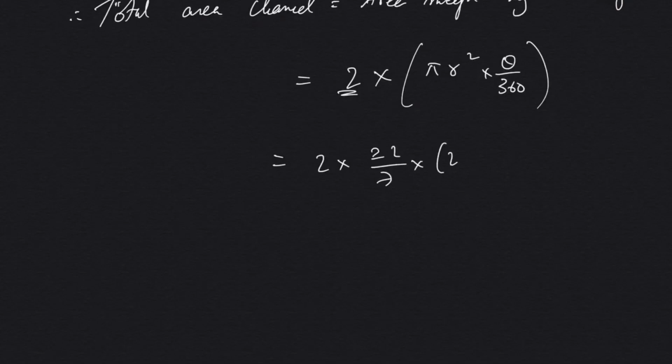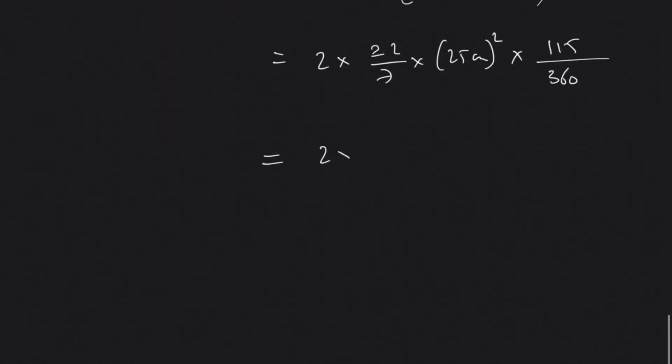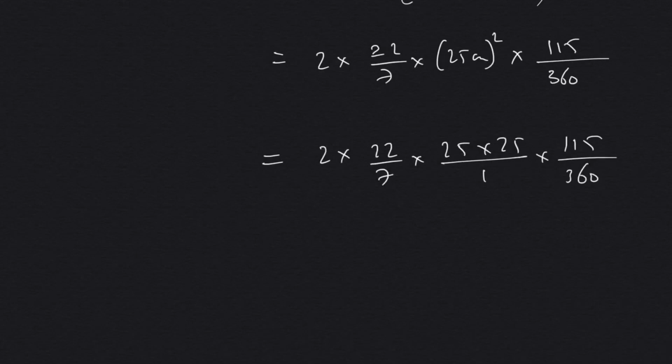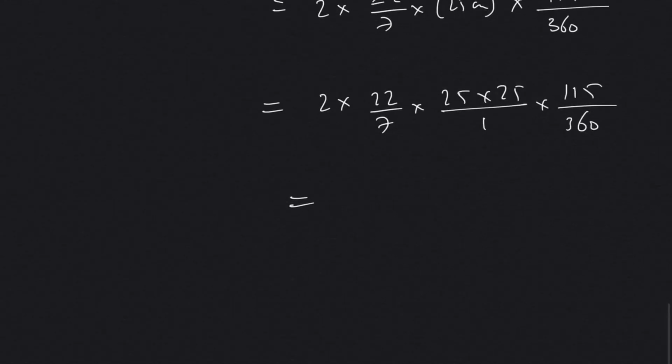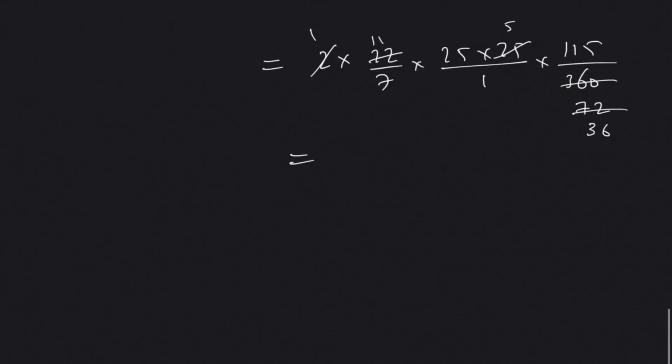That is 22 by 7 into radius 25 centimeter whole square into theta 115 divided by 360. So let's expand 22 by 7 into 25 into 25 into 115 by 360 degrees. So that will be, 5 5s are 25, 5 7s are 35, 7 2s are 14, 2 1s are 2, 2 36s are 72, continuing, 2 11s are 22, 2 18.